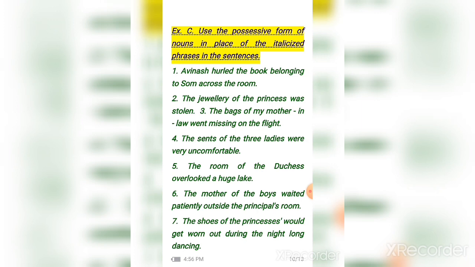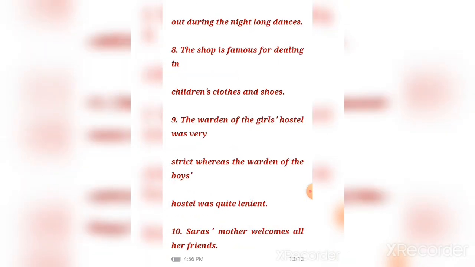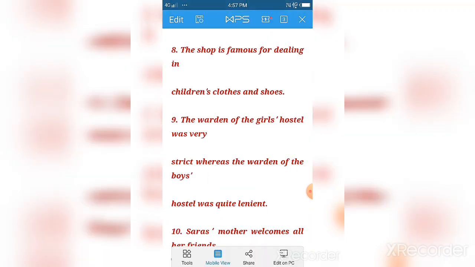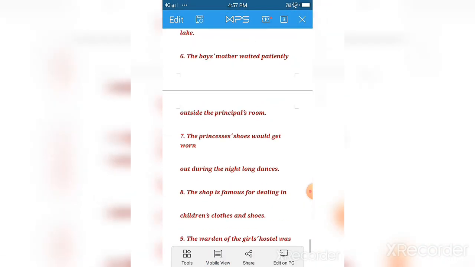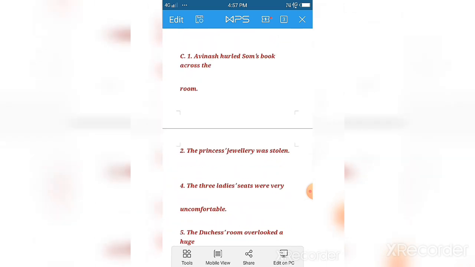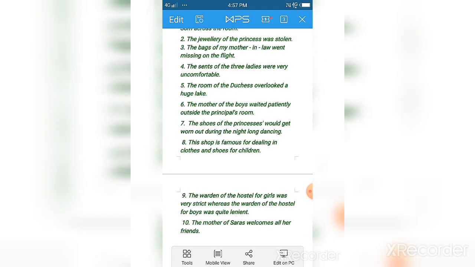Number 3. The bags of my mother-in-law went missing on the flight. Answer number 3 is not here. I have to write it.